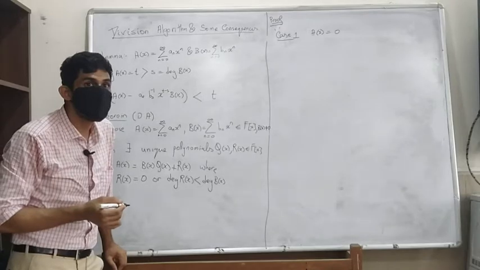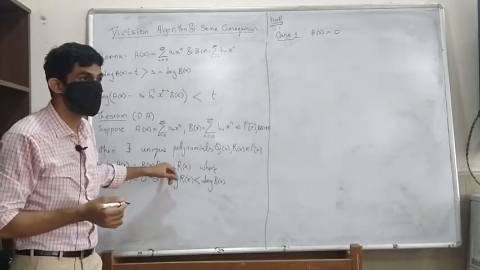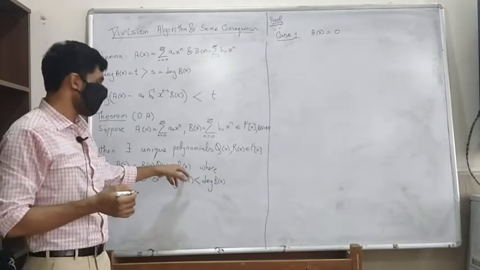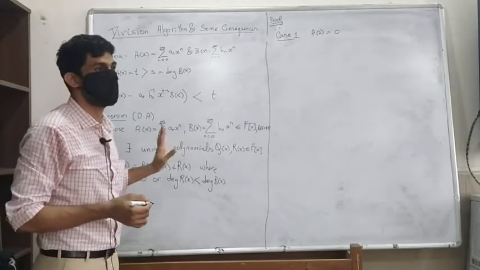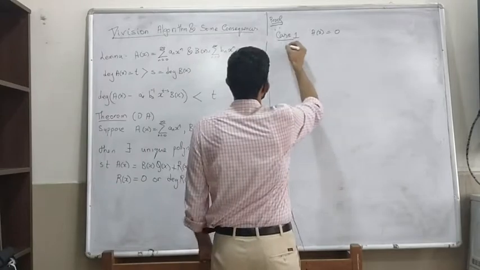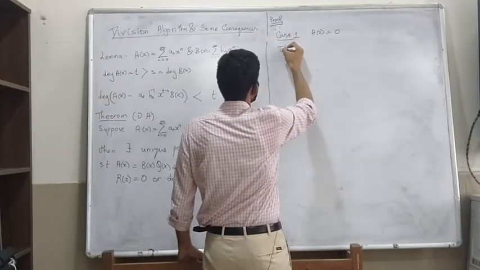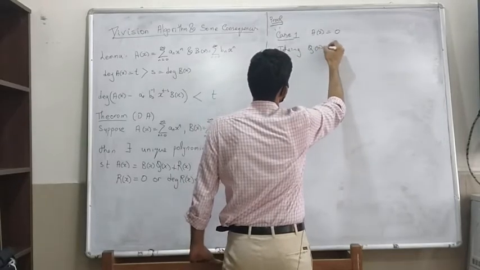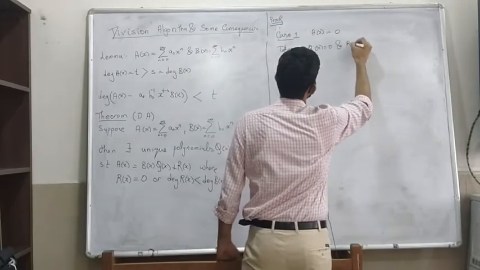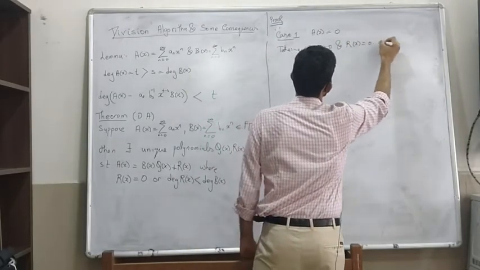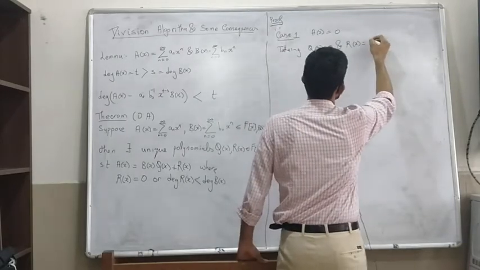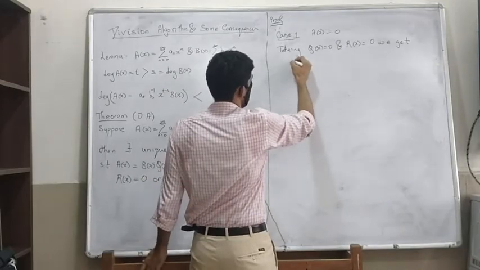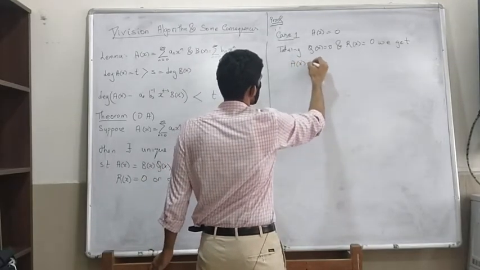What can you take Q of x as? 0. And what will R of x be? 0. So that's the natural choice. Taking Q of x to be 0 and R of x to be 0, these are the 0 polynomials, we can now keep this case away.